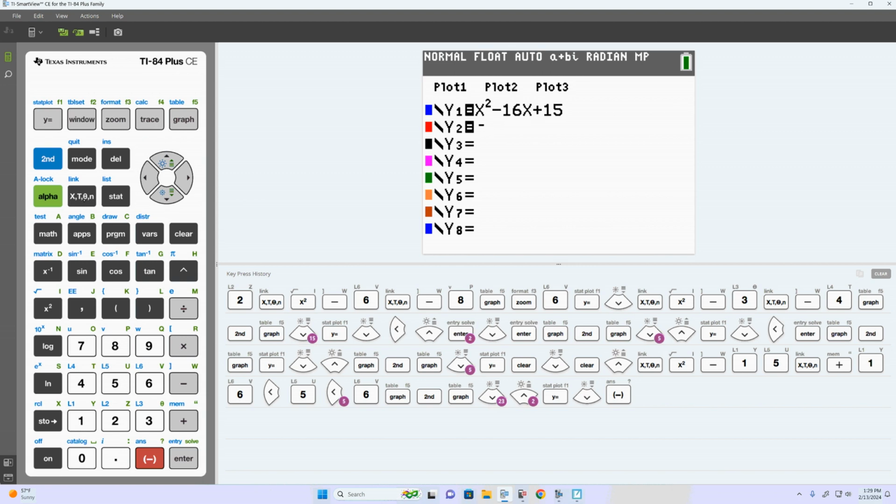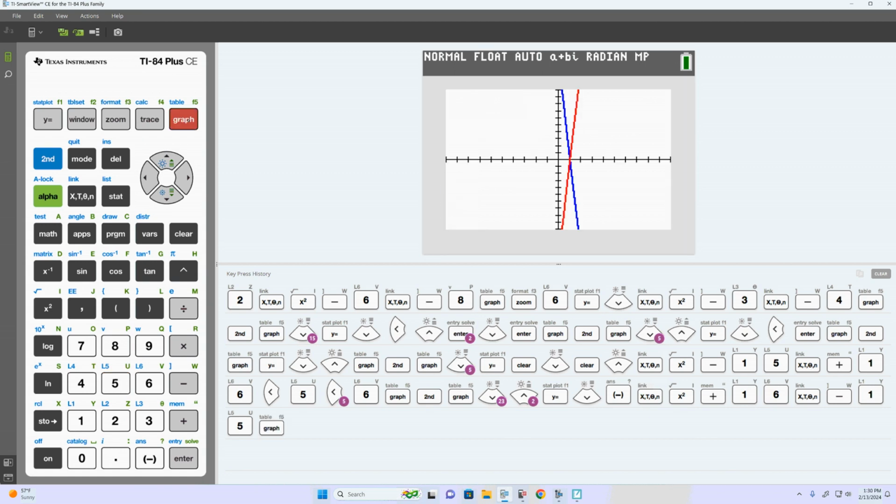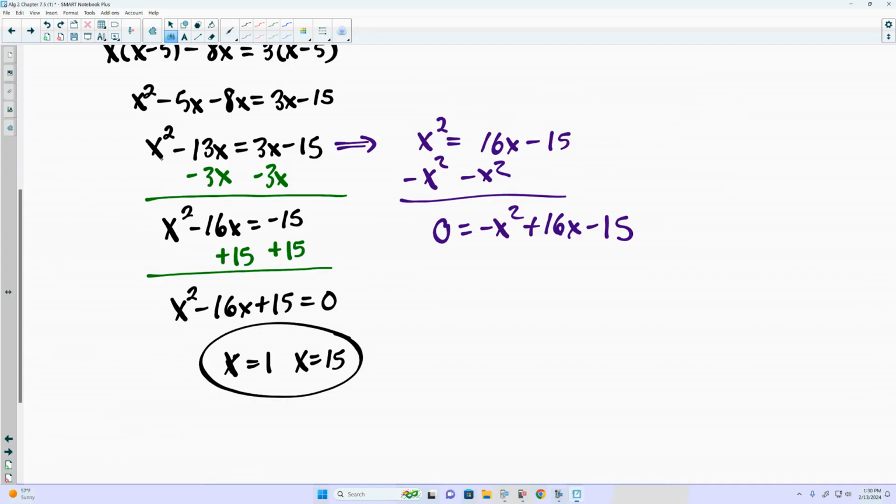But if I graph negative x squared plus 16x minus 15, we can see that it does flip, that they're going in different directions. But at 15, the y value is still 0. At 1, the y value is still 0. It changes all the other points except for our two solutions.